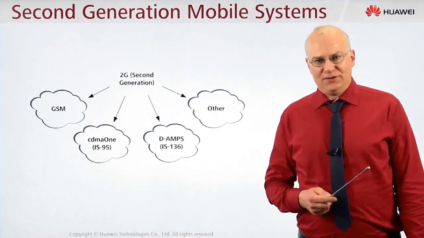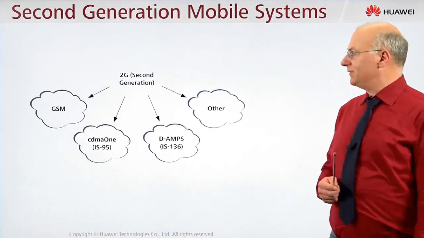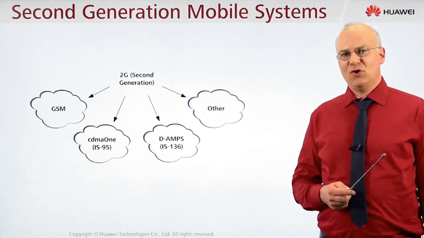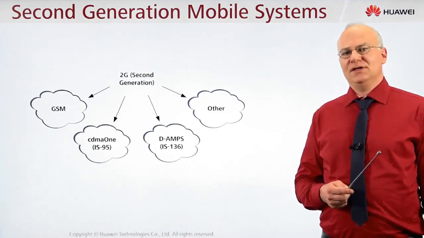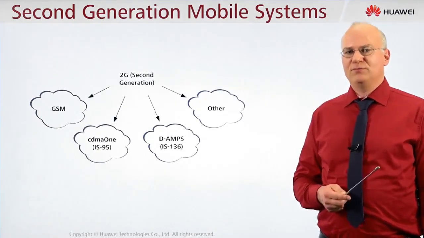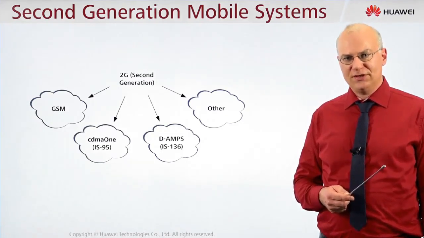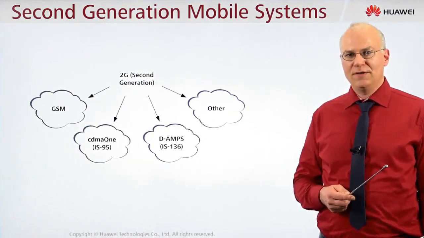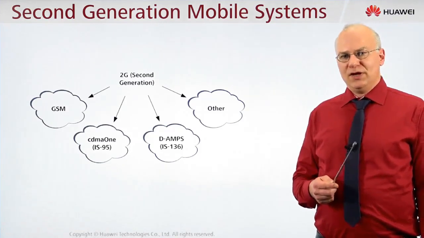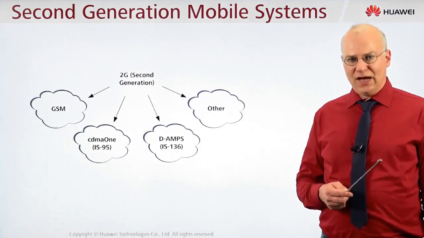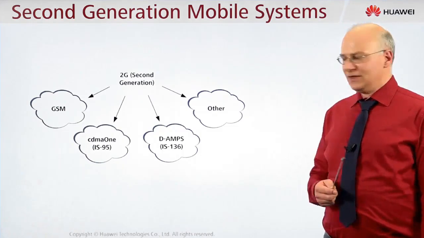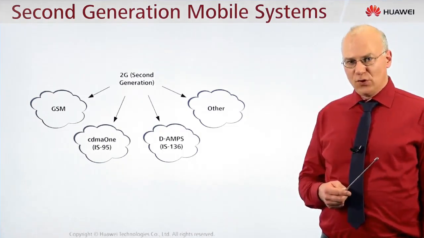So the second generation of mobile systems, the most important point is that the systems are digital and not analog anymore. We have different types of second generation mobile networks.